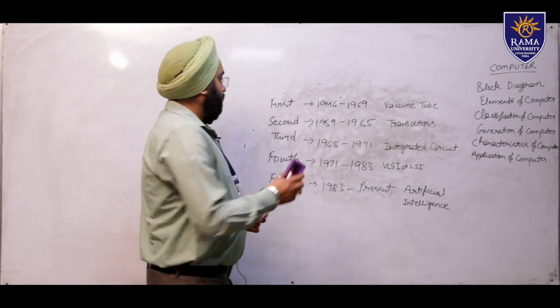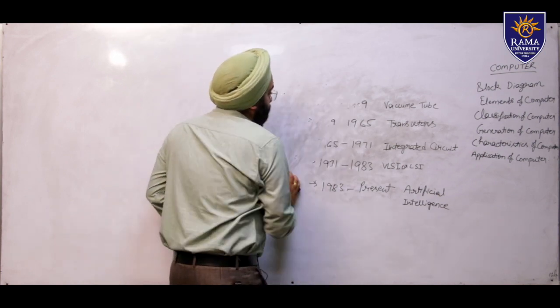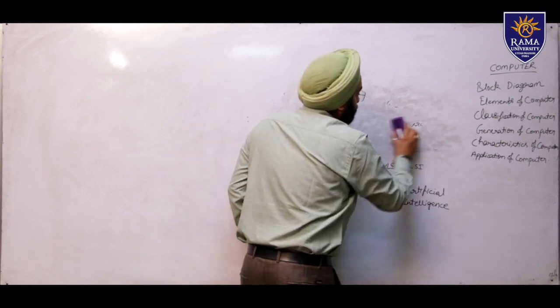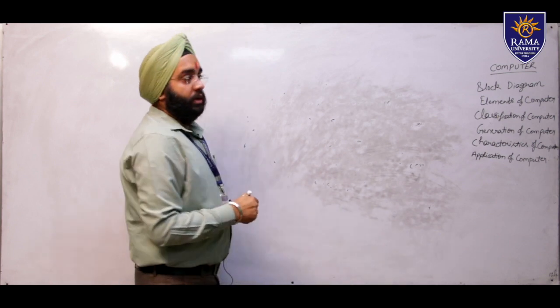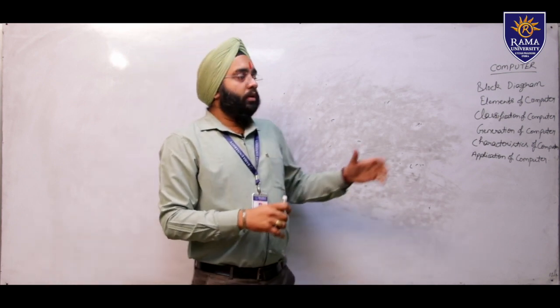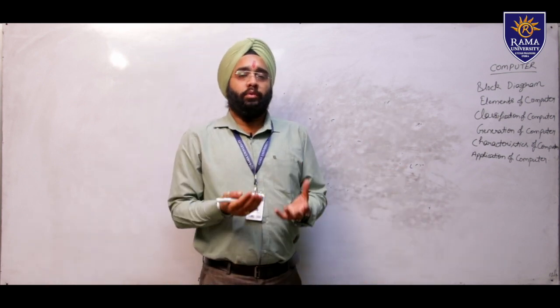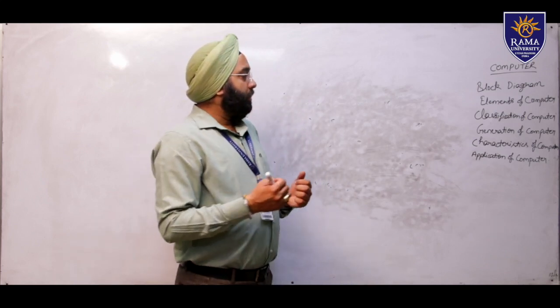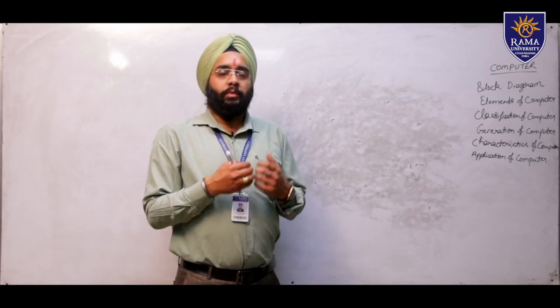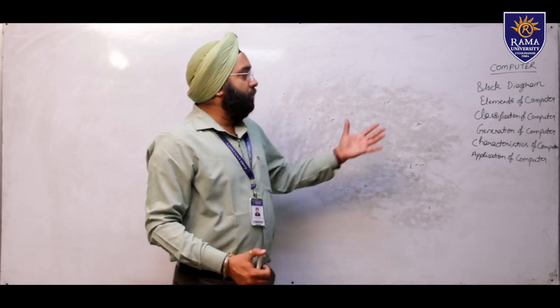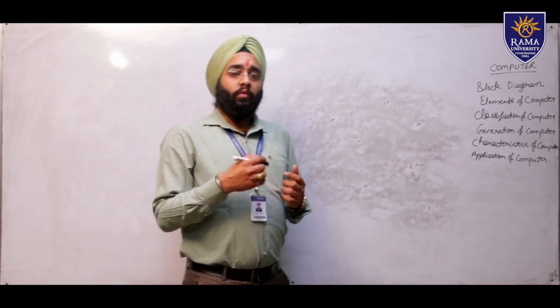Now, the best and the most important topic of this unit, that is characteristics of computer. See, we are talking about computer. Definitely we have to know the qualities, the specific reasons why we are using the computer system in a wider way.